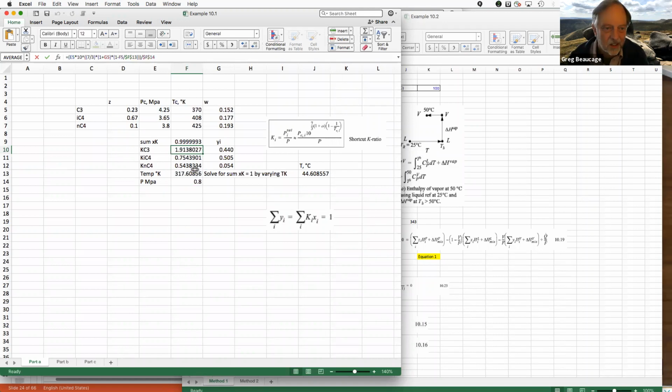So they're calculated here, and then you're going to use the Ks in this equation. K times X, the sum equals 1. The sum has to equal 1, right here. So this is K, these are the X's. So Z is X in this case, and you want it to equal 1.